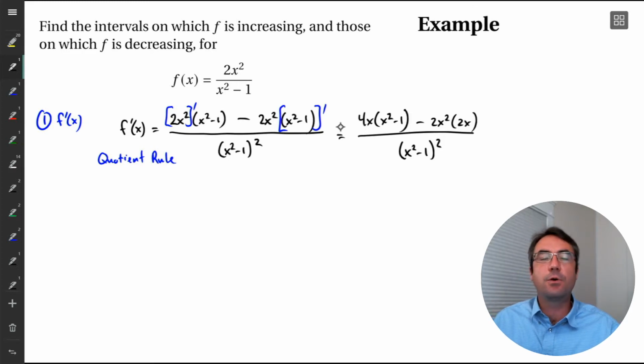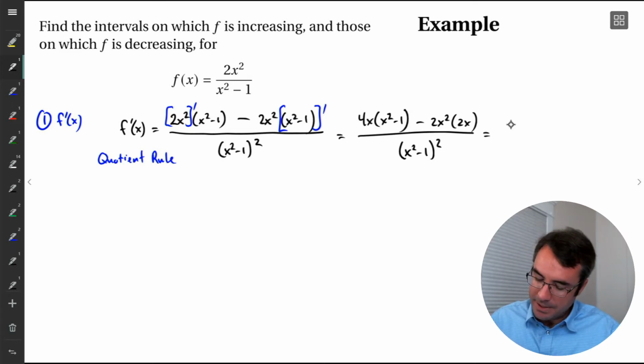So when we have quotient rule, or when we have a fraction, a lot of our work in terms of simplifying happens in the numerator. So let's multiply this out, and we get 4x cubed minus 4x, and then what do we get over here? Minus 4x cubed.